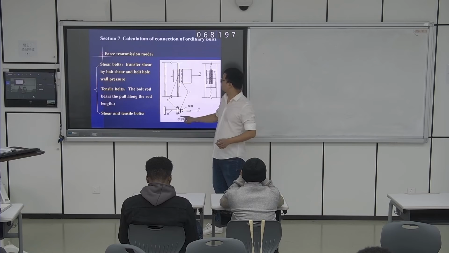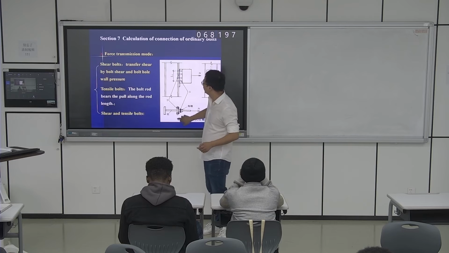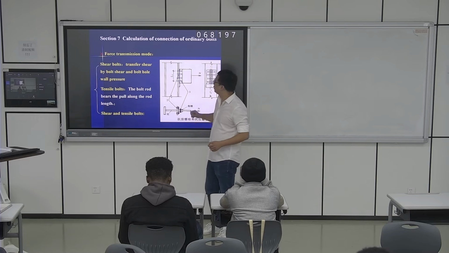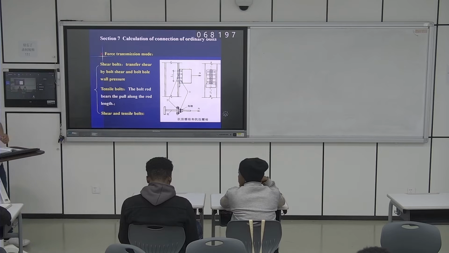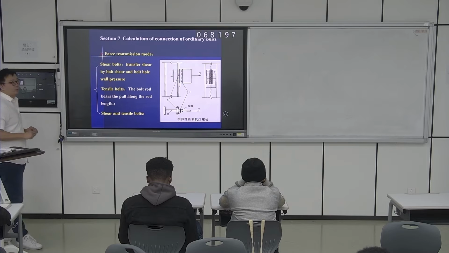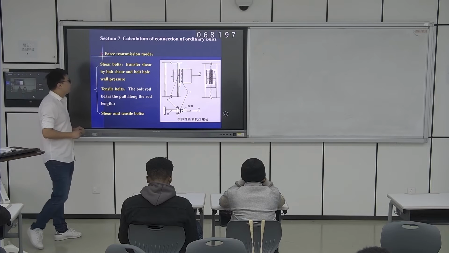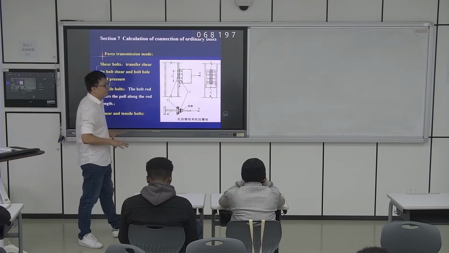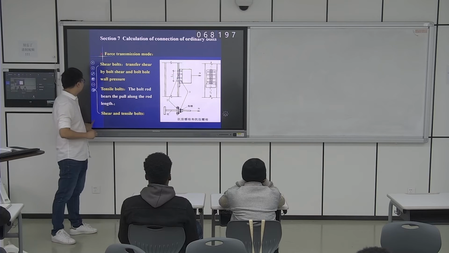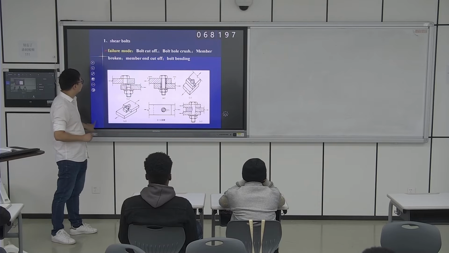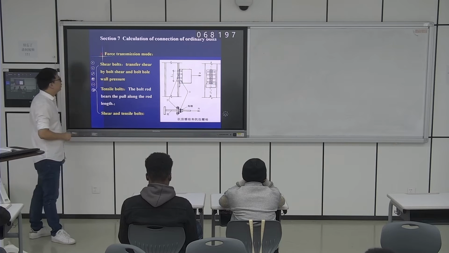Well, after we fix the bolt, we should check the strength. So we should know the basic force transmission model for the bolt, and we know how much force is applied on one bolt.